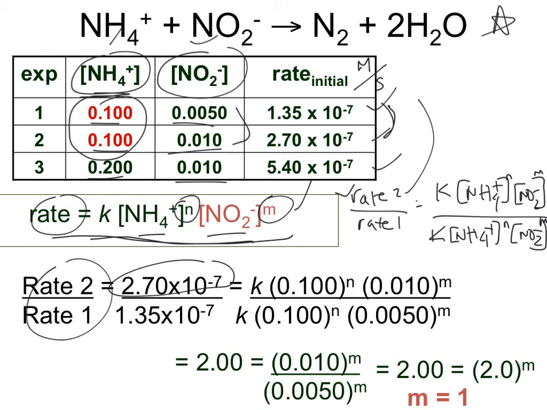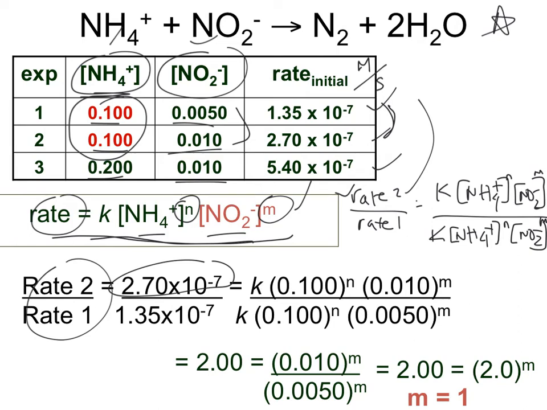And then for NO2, I'm plugging in my concentration of NO2 from experiment 2, and the value from experimental data set 1, and you subsequently have this setup.